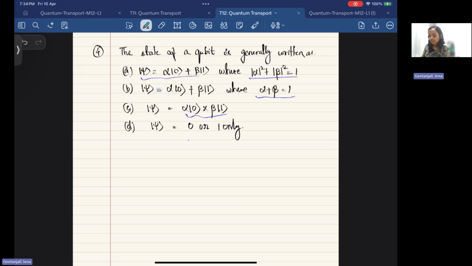Or option D, it is either 0 or 1 only. So the correct answer is A. We get this condition from the normalization condition, that is psi should be 1. From this we get alpha square plus beta square should be equal to 1.